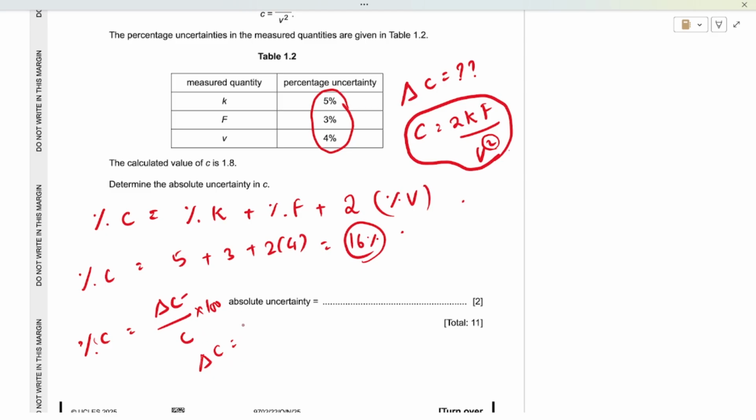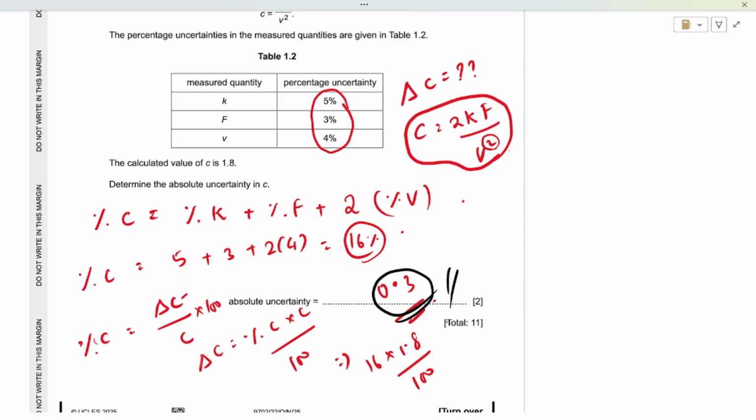So rearranging the formula, absolute uncertainty is equal to percentage uncertainty times the actual value of C divided by 100, which will become 16 times 1.8 divided by 100. While calculating, you'll get the value 0.3. So the answer is 0.3 for this question.